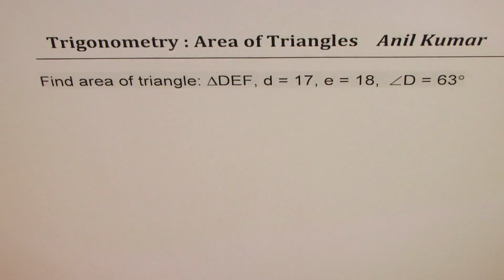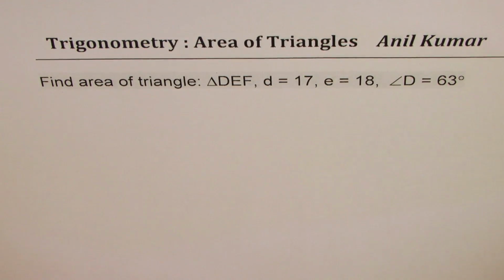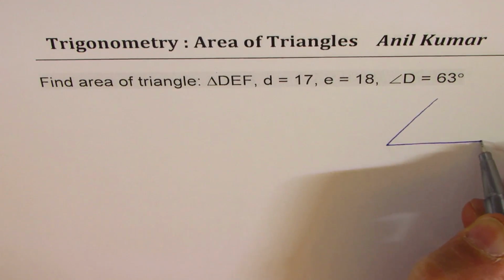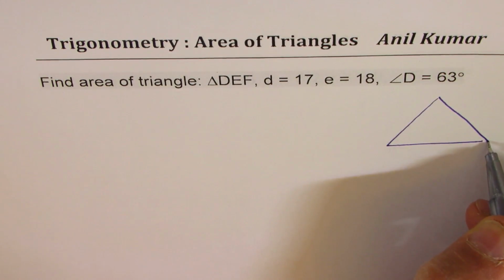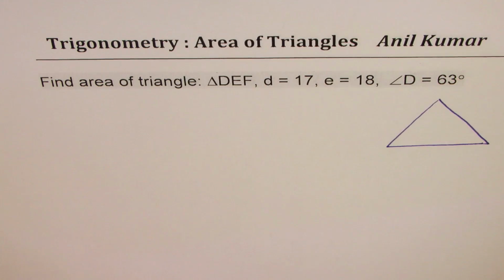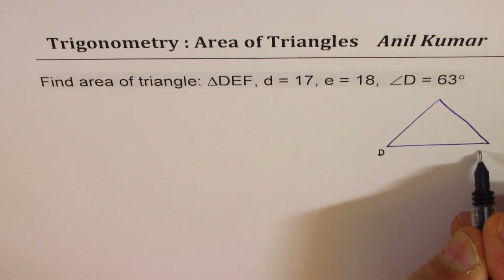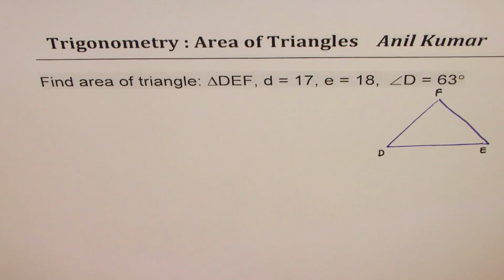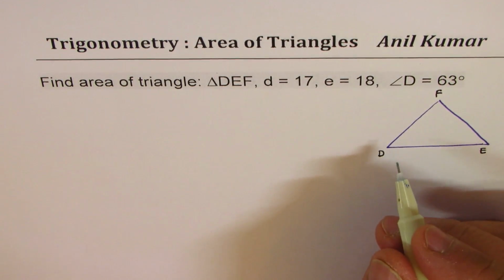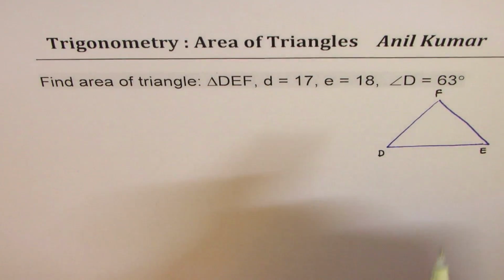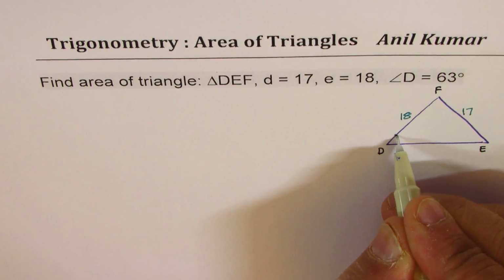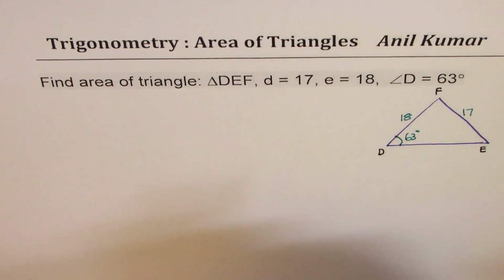So the first one here is DEF, which we were discussing. Let me sketch the triangle again. Let me sketch it here now. DEF, and sides given to us are 17, 18, angle D is 63 degrees.